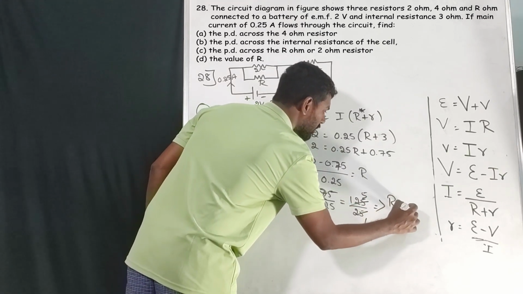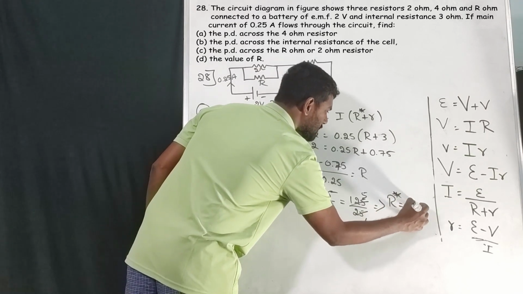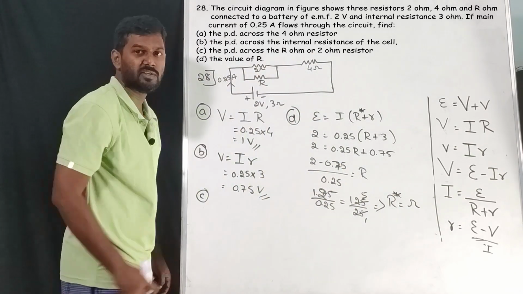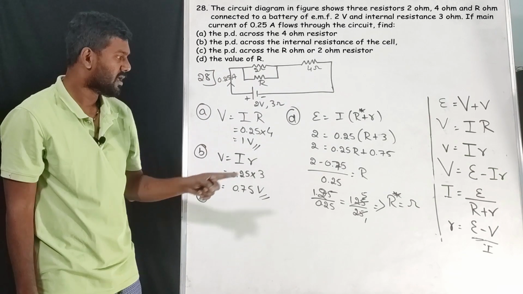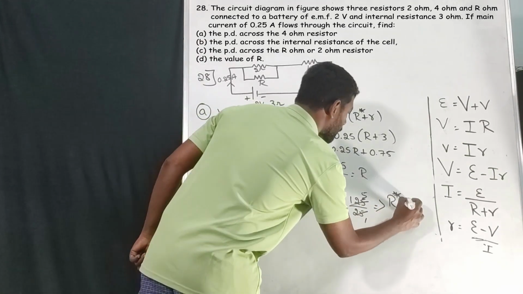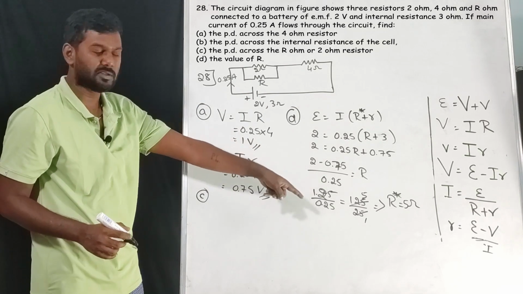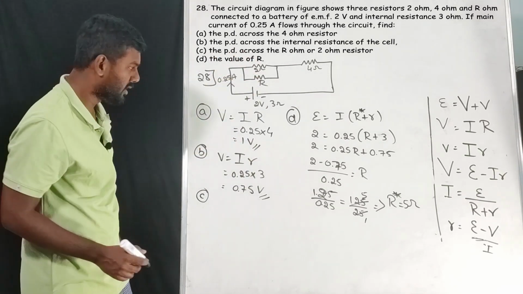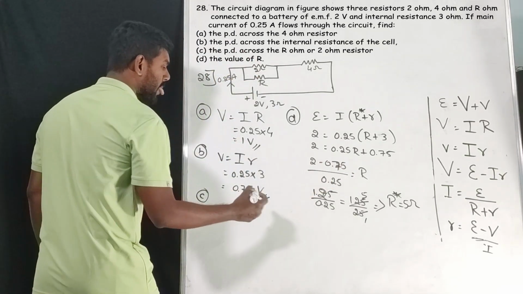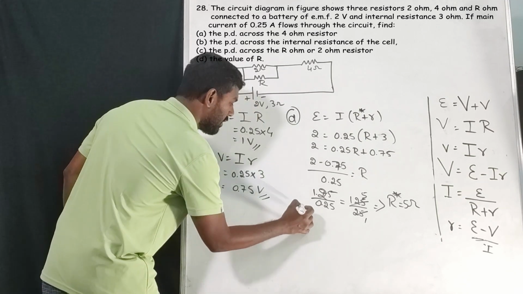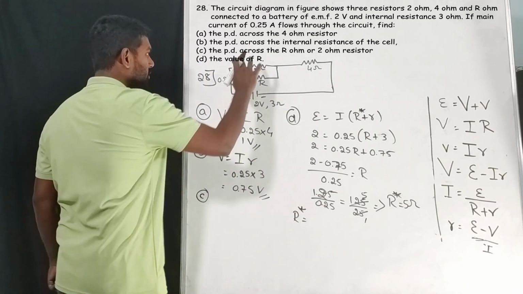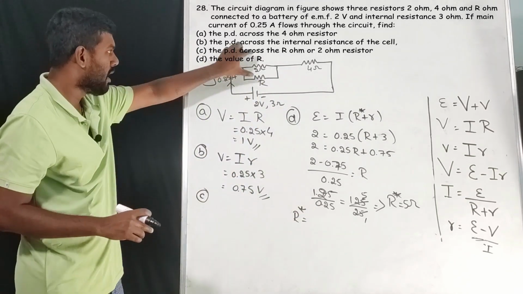So whatever the value of R we got, that is the complete resistance of the circuit. The complete resistance of the circuit is 5 ohm. So how to find the unknown resistance using the complete resistance? Listen. The complete resistance of the circuit is equal to, these two are in parallel, correct? These two are in parallel.